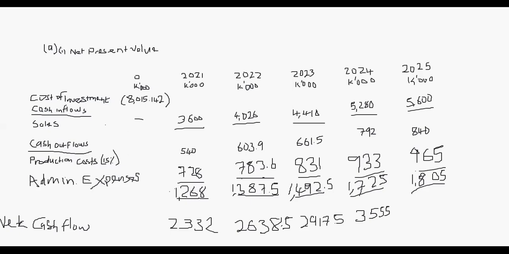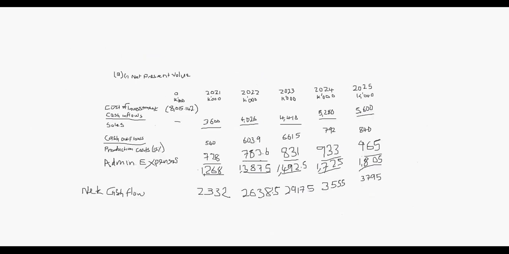The last one, 3,795. So these are our net cash flows. We need now to discount them at the cost of investment, which we are given in the question.